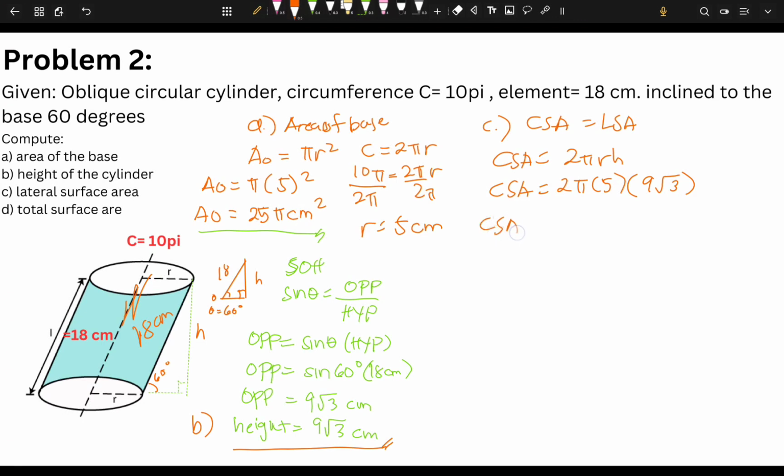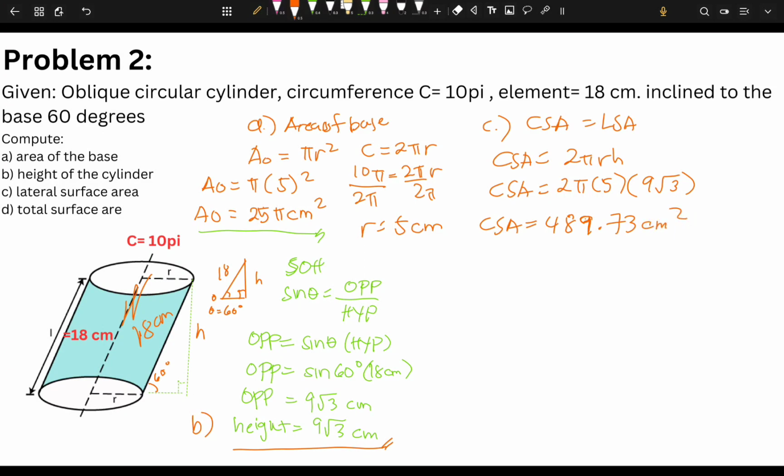So, CSA, please get your calculators, that is 2 pi times 5 times 9 square root of 3. That's equivalent to 489.73. What unit? Centimeters squared.